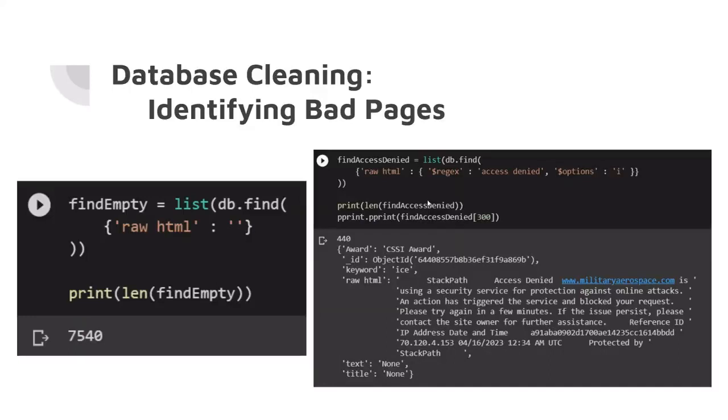In addition to that, here's an example where the web page wasn't able to give us any meaningful information. I was looking for any page that had an access denied in it. There's no server-side error. The page did load, it's just that we couldn't access any meaningful data from that page.